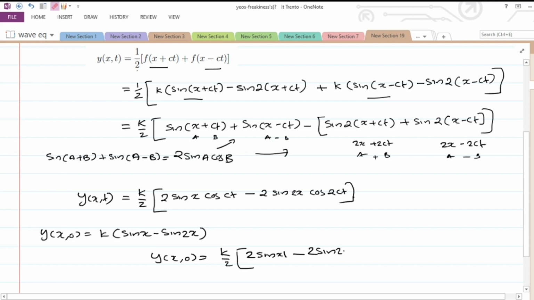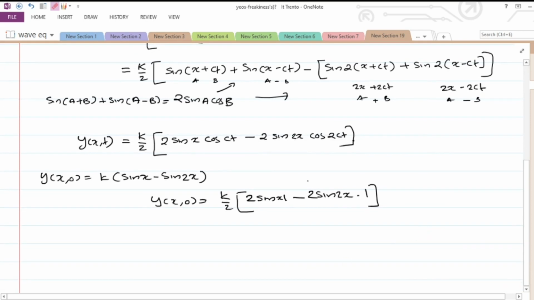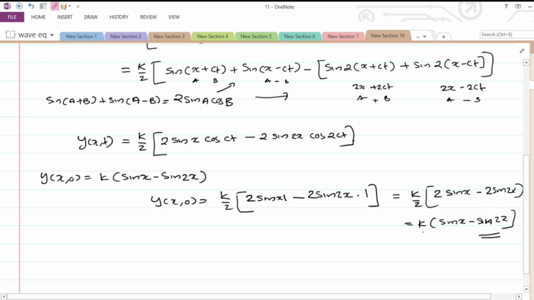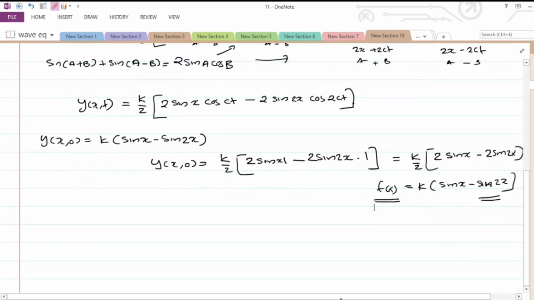When you take this, k by 2 into (2 sin x minus 2 sin 2x) is k into (sin x minus sin 2x), which is equal to f of x, the given function in the question. So it satisfies the condition, so we say that this is right.